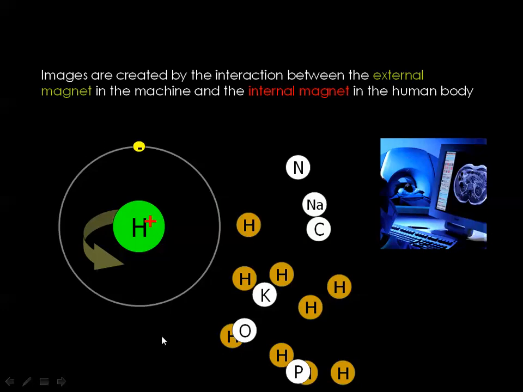component in the human body, you will see the nucleus containing some protons and neutrons, and you'll see also the electrons running around. The electrons have a negative charge and they move, they create a magnetic field. The protons have a positive charge, they move, they create a magnetic field.